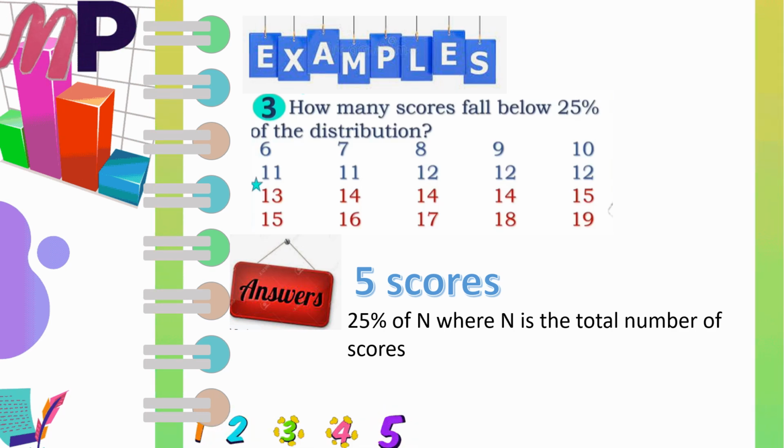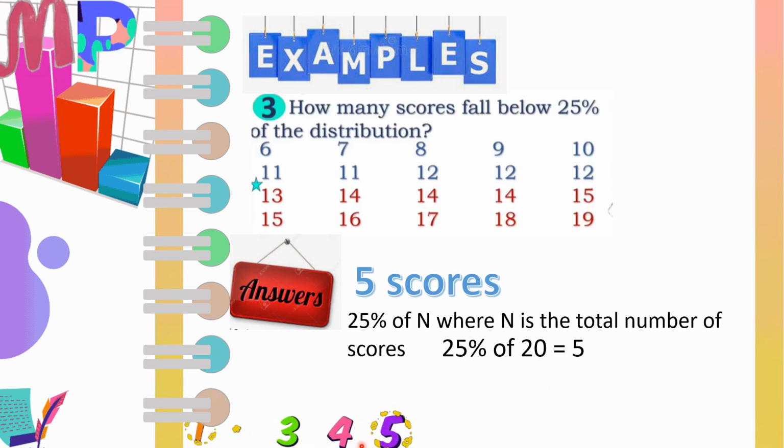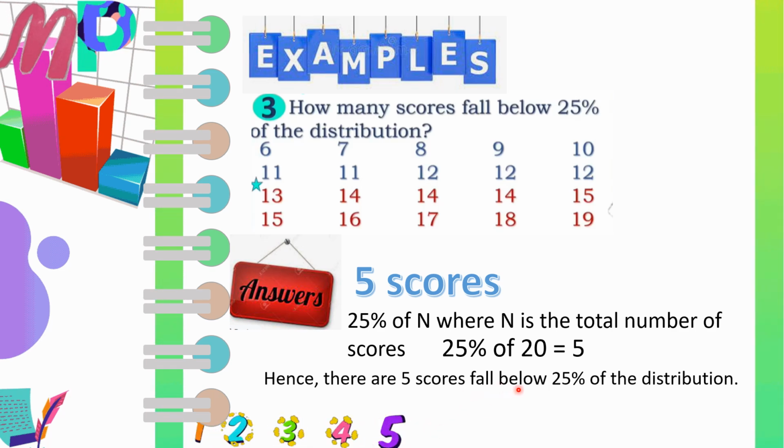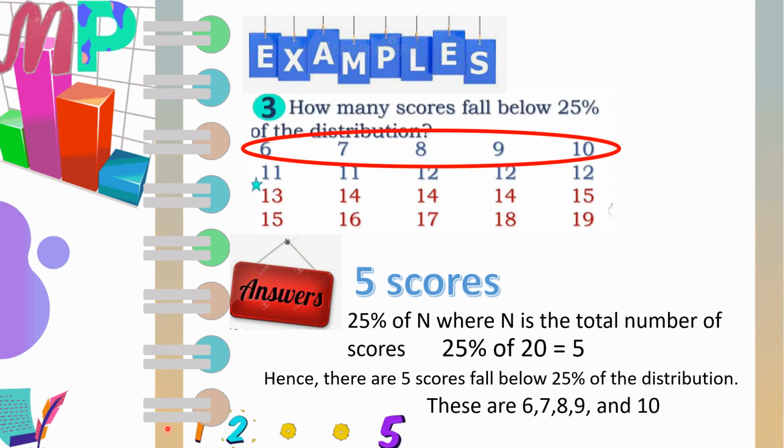As you can see, there are 20 scores. So, 25% of 20 is equal to 5. Hence, there are 5 scores that fall below 25% of the distribution. These are 6, 7, 8, 9, and 10.